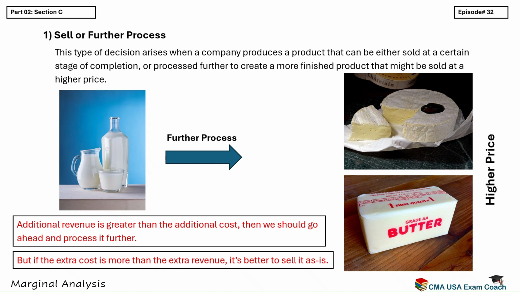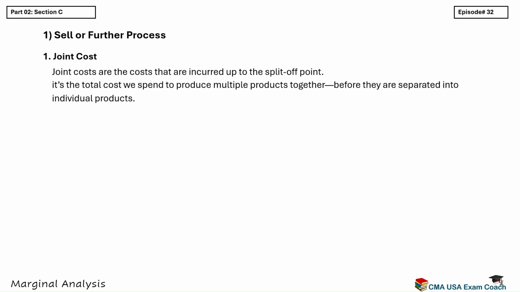Before we jump into the calculations, let's take a moment to understand some of the important cost terms involved in this type of decision. These costs help us figure out whether it makes sense to sell the product now or process it further. First, joint cost. Joint costs are the costs that are incurred up to the split-off point.